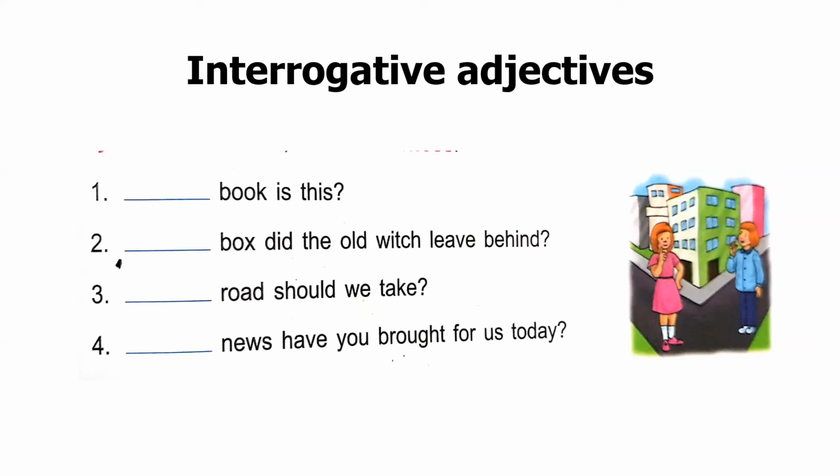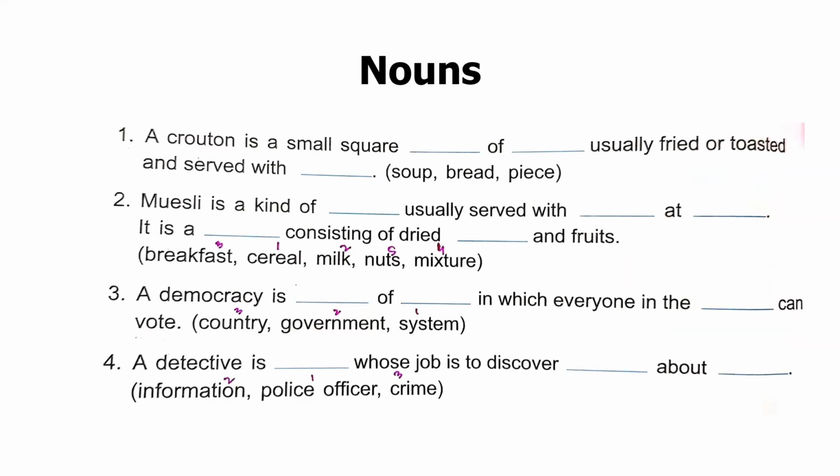We will move to nouns. In this exercise, we are given blanks and also some options. We have to put the options in the proper place to make a sensible sentence, a complete sentence that makes sense.